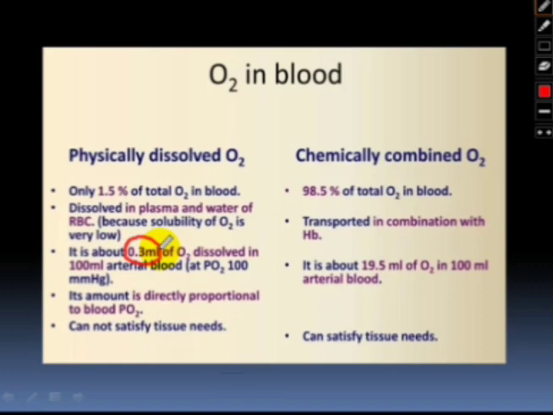For the oxygen bound to hemoglobin, there are about 19.5 ml of oxygen in 100 ml of blood.